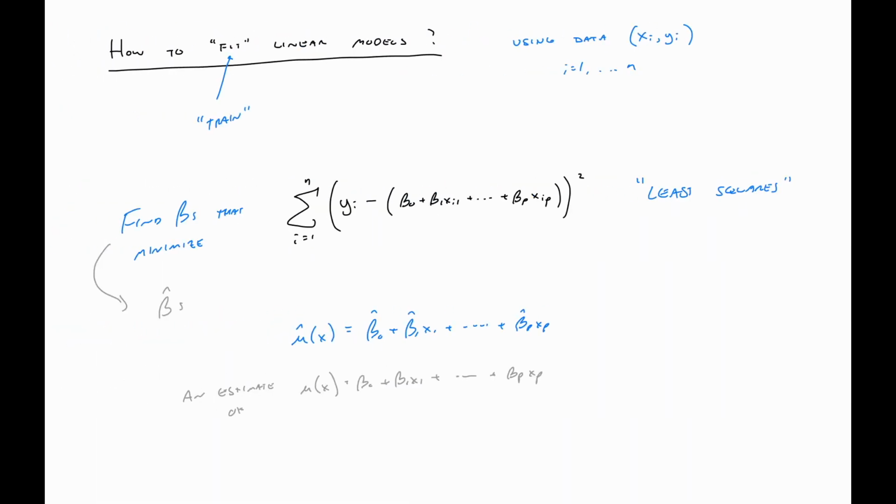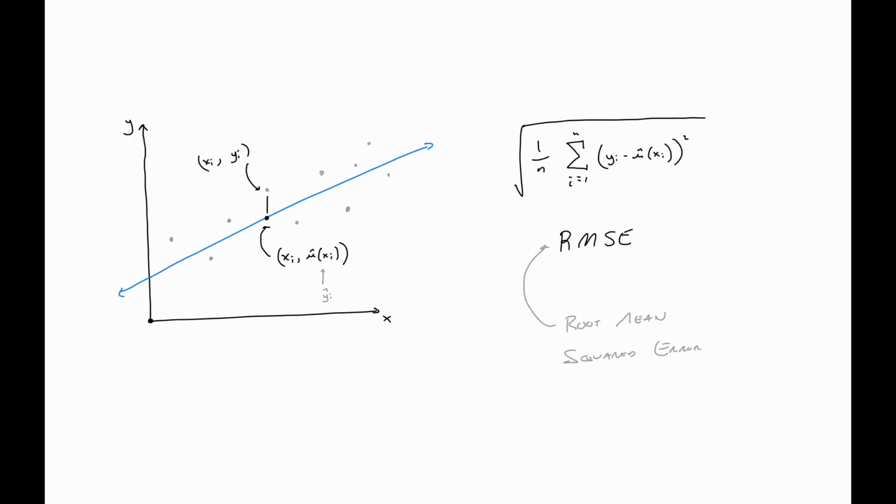Minimizing this quantity here will also minimize the root mean squared error. And this quantity we're going to talk about a lot more, mostly because the units of this quantity are the same as the original units of y. More on that in a second.